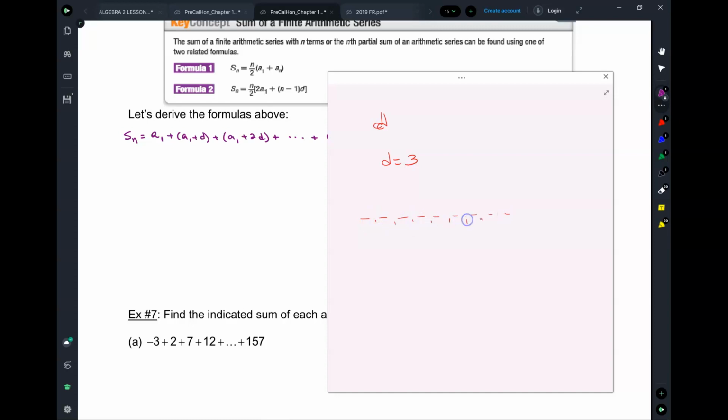And suppose you know that the last term is, I don't know, 100. How would you know the one right before? So it would be 100 minus 3, right? And what about this one? It's 100 minus 2 times 3, right?